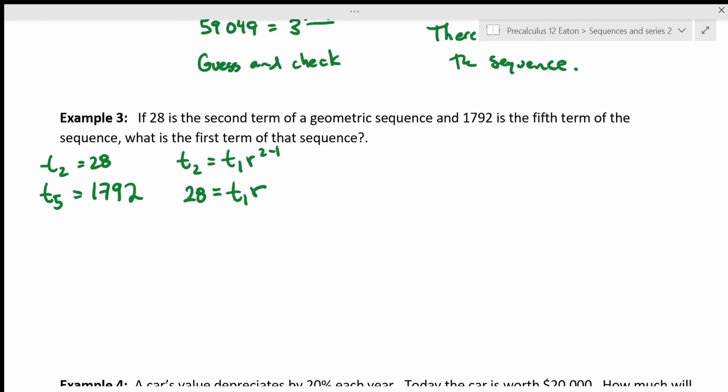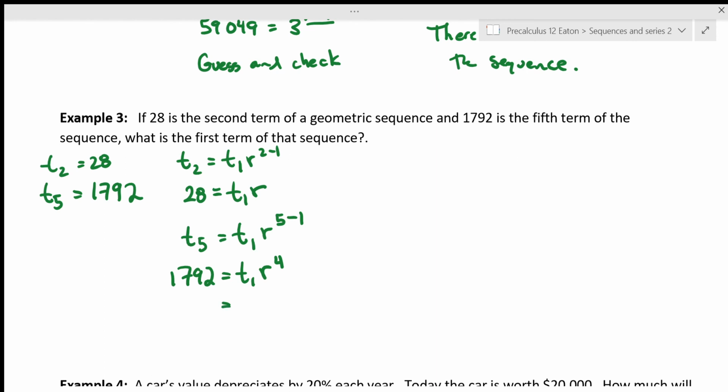Okay. Now we have T5 equals T1 times r to the power of 5 minus 1. And so replacing it with 1792, we get that is T1 times r to the fourth. So what I'm going to do now is I notice I have a T1 and an r.